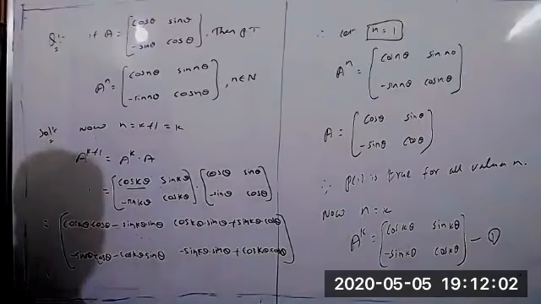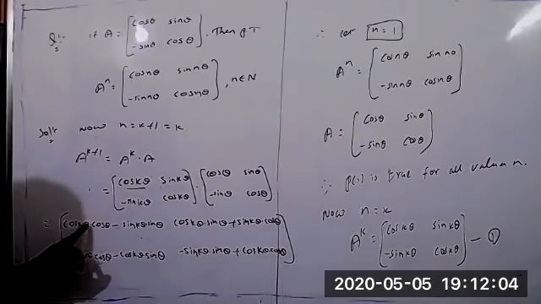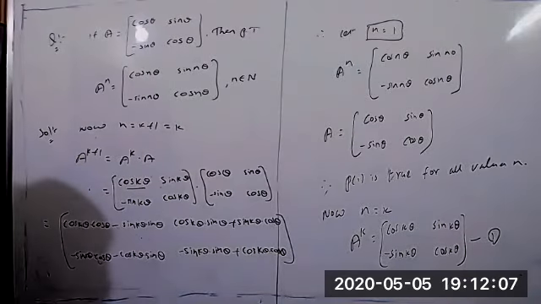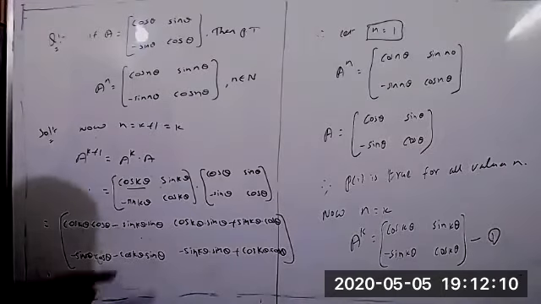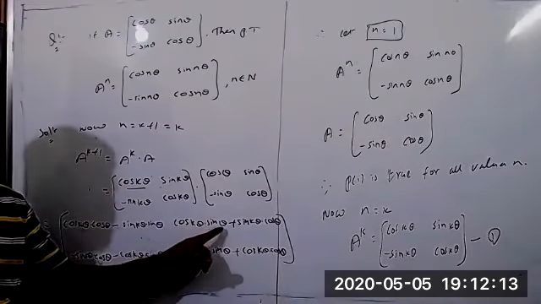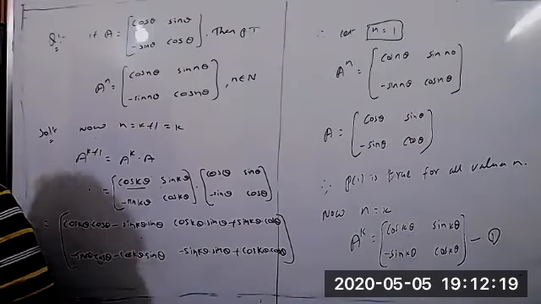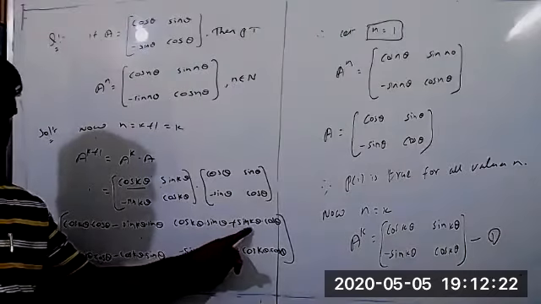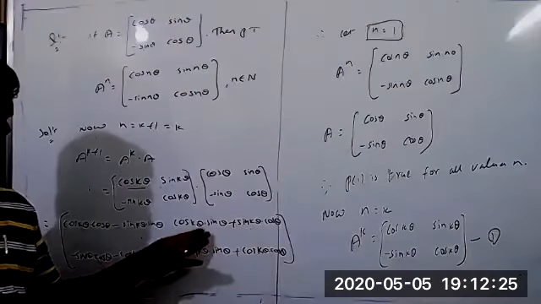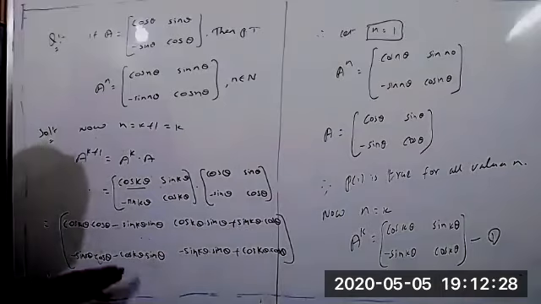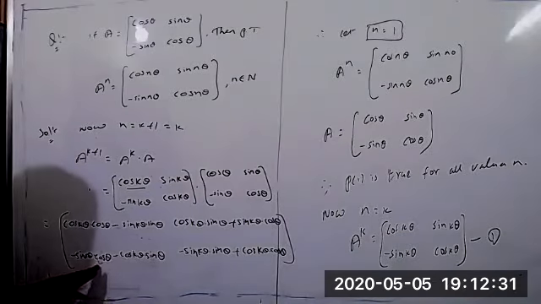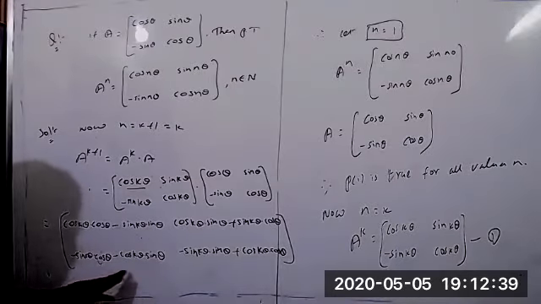This is the multiplication. Now you can see the formulas here. Cos A cos B minus sin A sin B equals cos(A plus B). Cos A sin B plus sin A cos B equals sin(A plus B); you know this formula also. Next, from these two terms take minus common: sin A cos B plus cos A sin B, so I can write minus of sin(A plus B).